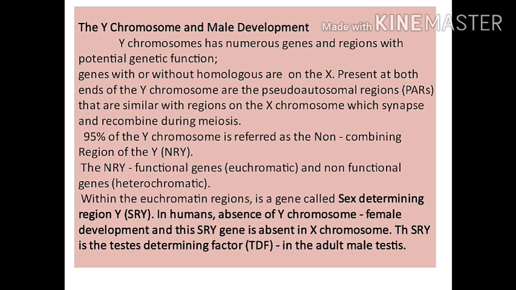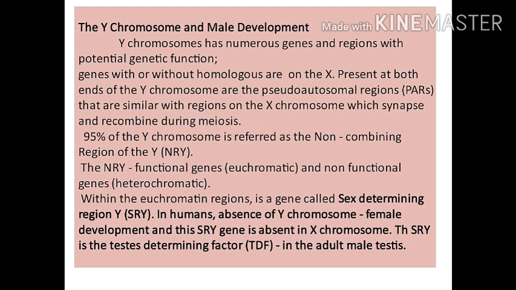But at both the ends, the Y chromosome has a pseudo-autosomal region, that is false body determining chromosomal region similar to the X chromosome, which synapse, means join and recombine during meiosis. They exchange the genetic material.